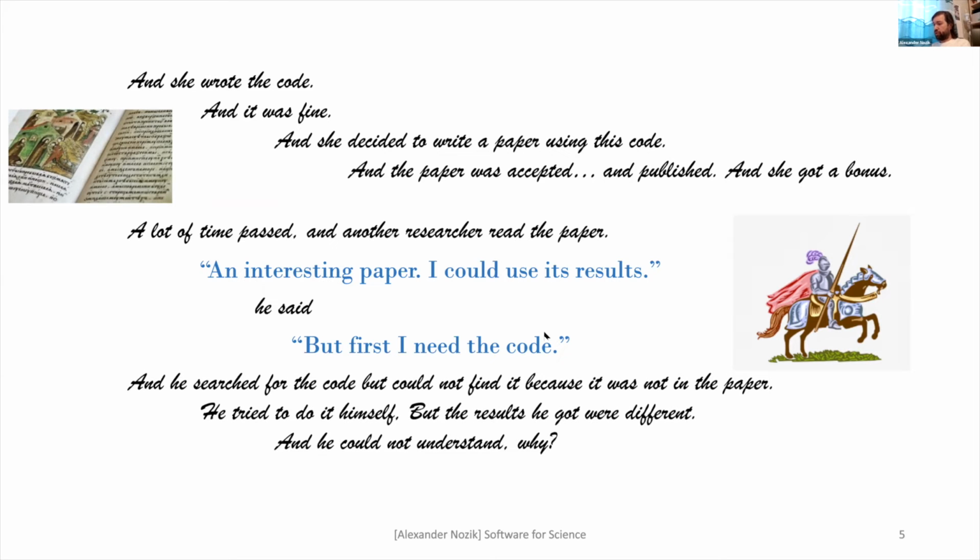And he searched for the code, but could not find it because it was not published on GitHub, and the code itself was not in the paper. And he tried to repeat the code himself, and he made the code, but the results were different, and he could not understand why.